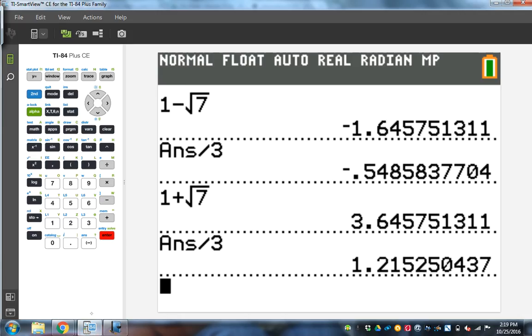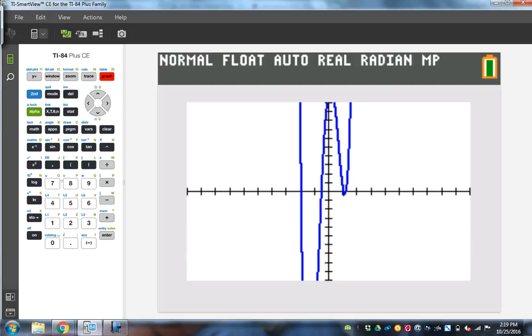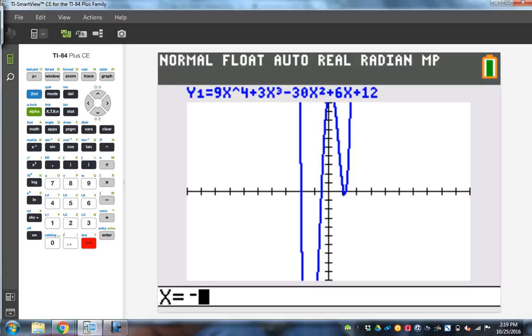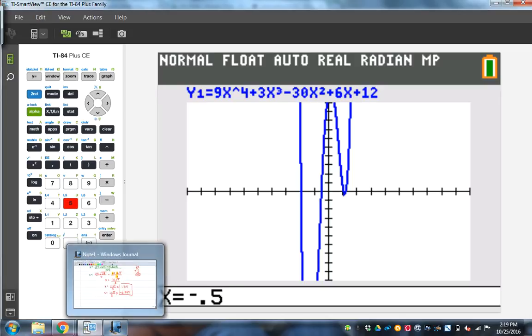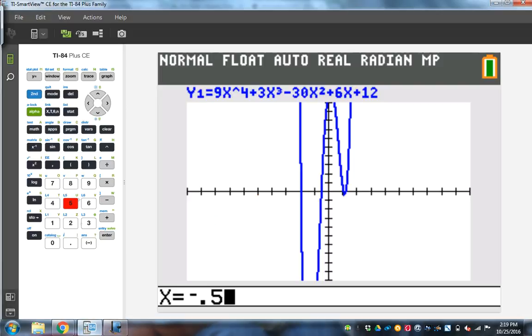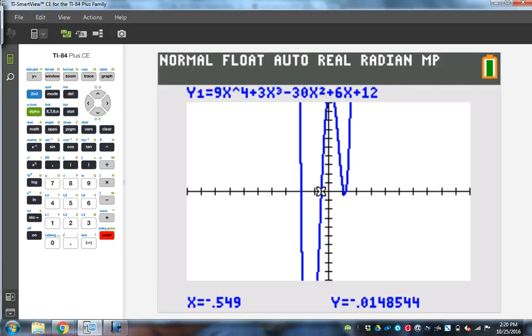Now, if you look at the graph of that, and I trace that number, so if I trace negative 0.549, that y value is not quite 0, but it's real close to it. I rounded this at 3 decimal places. There was a whole bunch of other digits after that.